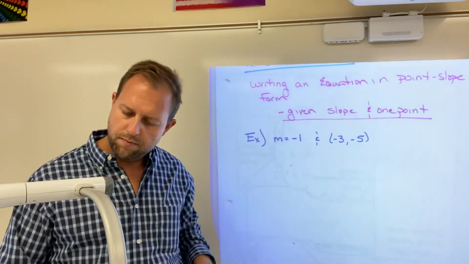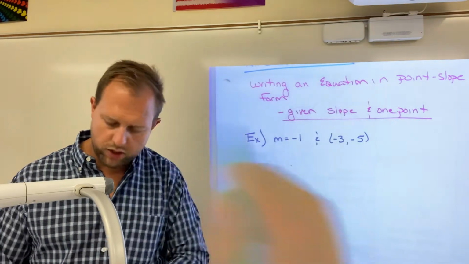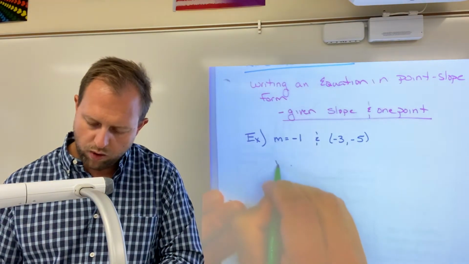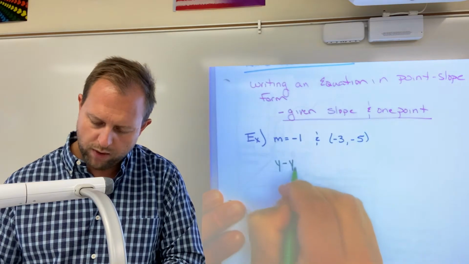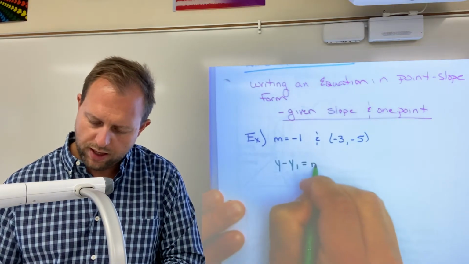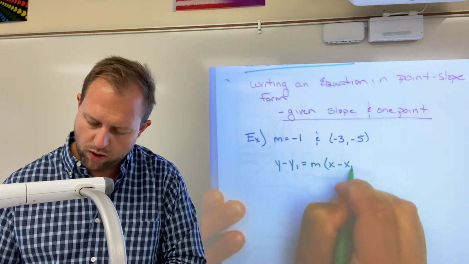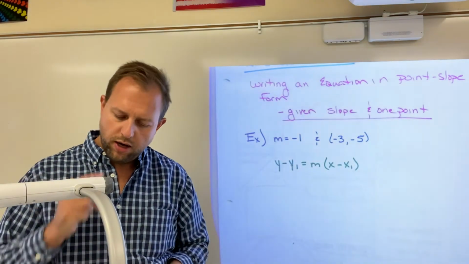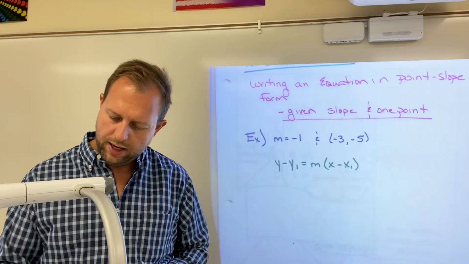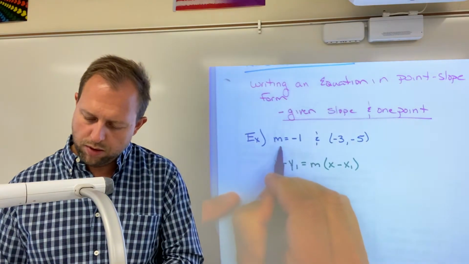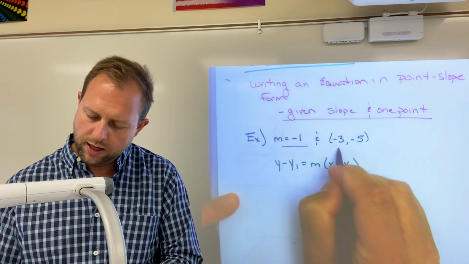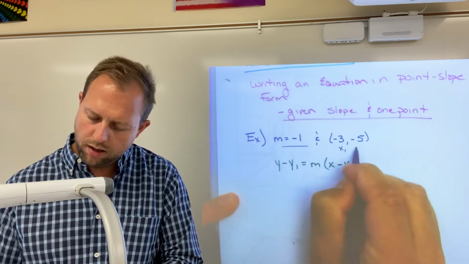Okay, the point-slope form of an equation is y minus y1 equals m times the quantity x minus x1. And so to complete this, we need our slope and we need our point x1, y1.